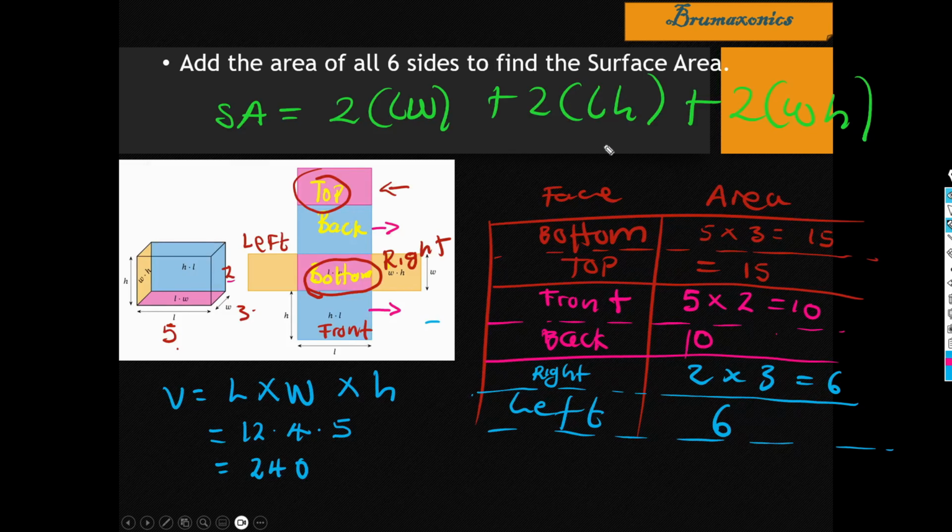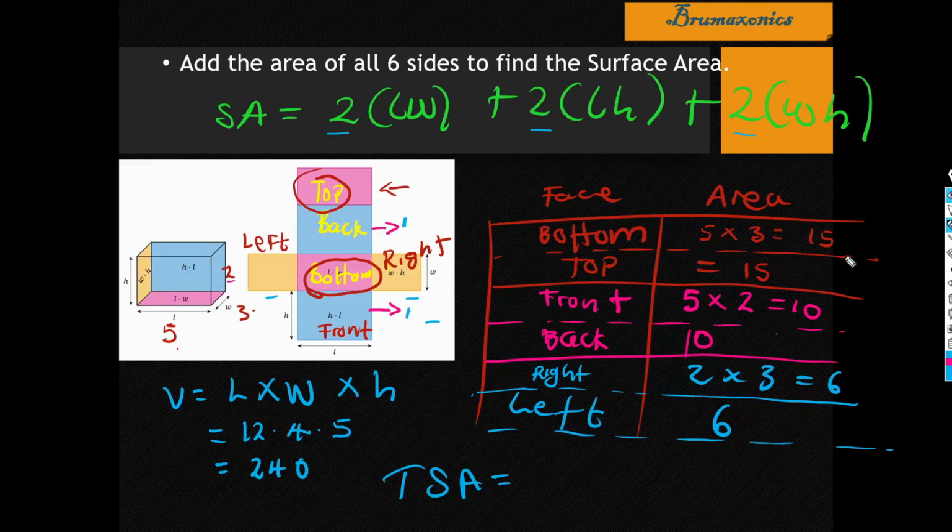Remember, when you are dealing with the surface area, at this point you will add all the sides in order to get the solution. So now let's write the solution out. The solution for TSA, total surface area, will be, remember, everything multiplied by 2, meaning that there is this side and also this side, the right and the left, and the top and the bottom.